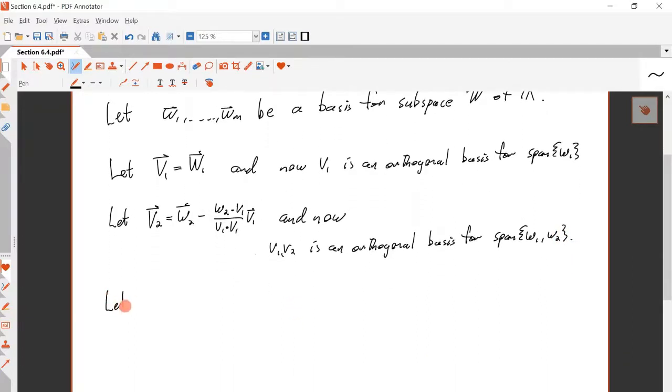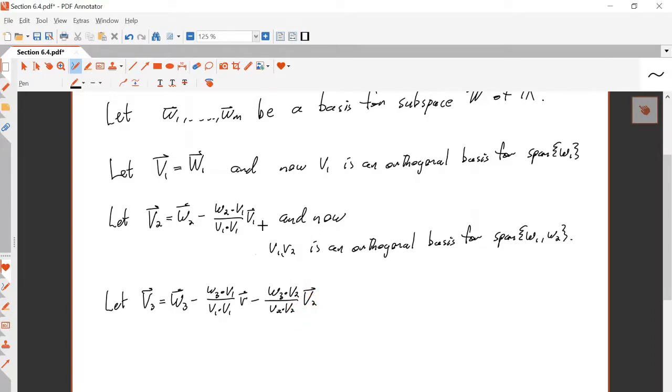Let V3 be equal to W3 minus W3 dot V1 over V1 dot V1 times V1 minus W3 dot V2 over V2 dot V2 times V2.